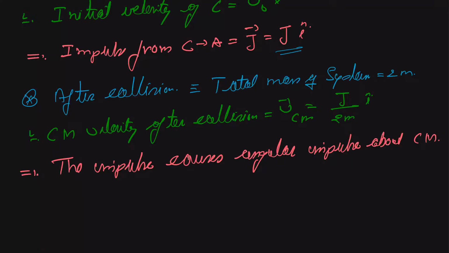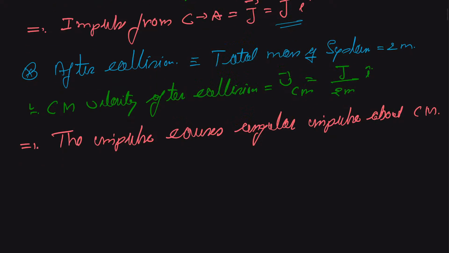Therefore, we can write the angular impulse as RA cross J vector.